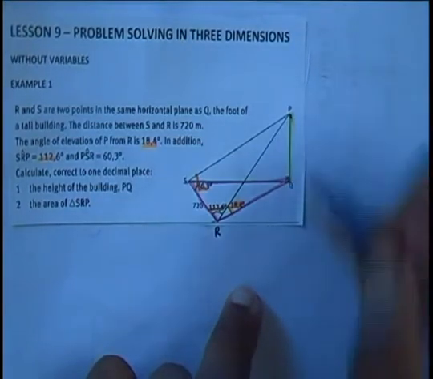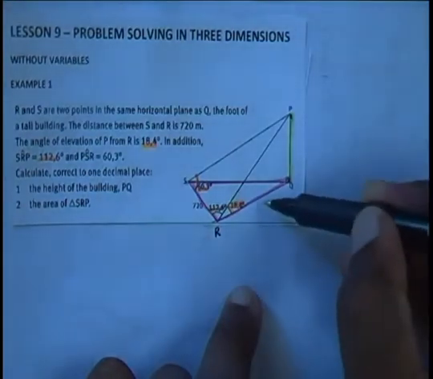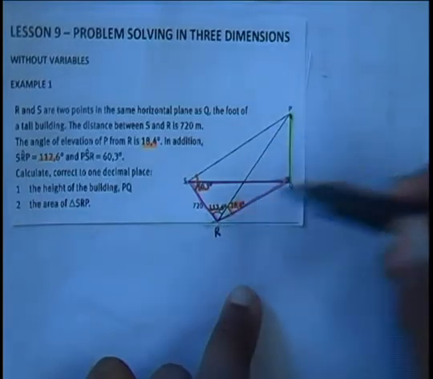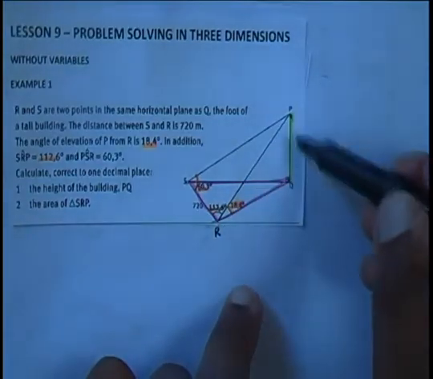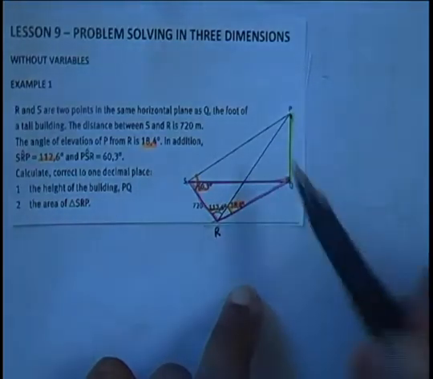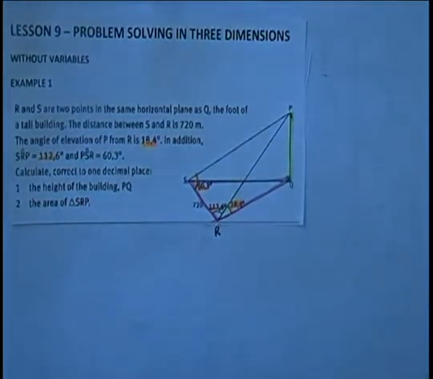Okay, now what lengths do I need? Well, I need to know one of these, either the RQ or the PR. I need to know one of those in order to be able to calculate that, but I don't know any of that. Okay, but I can find PR from this triangle here.